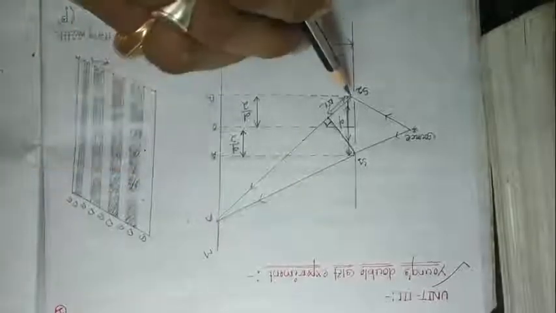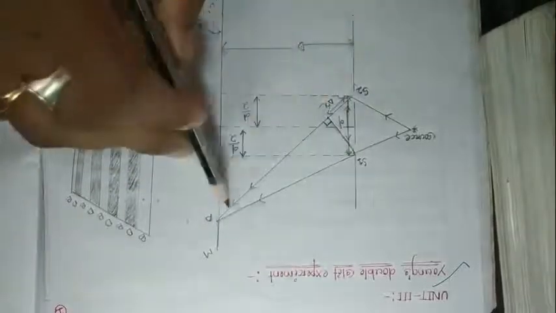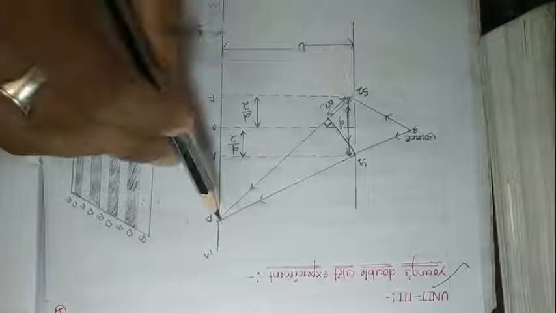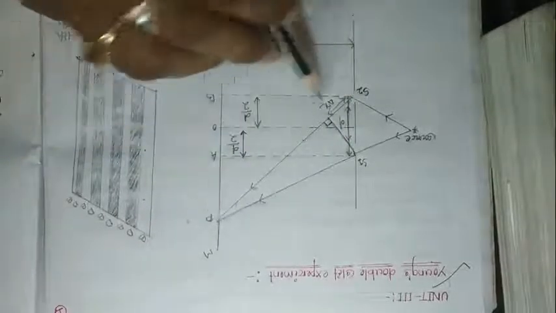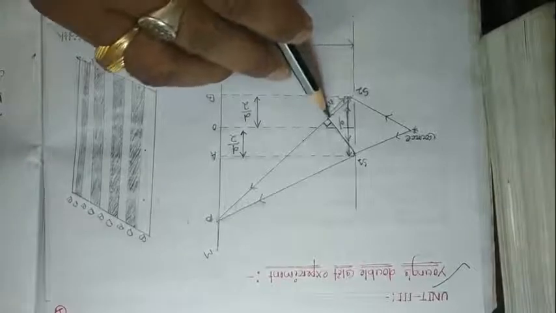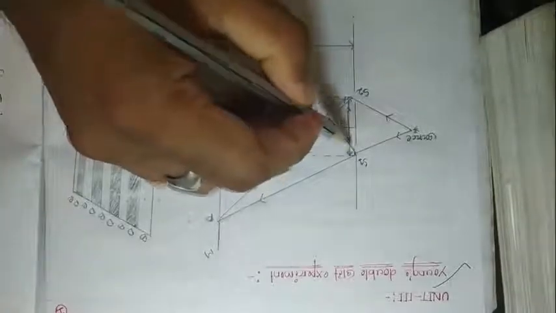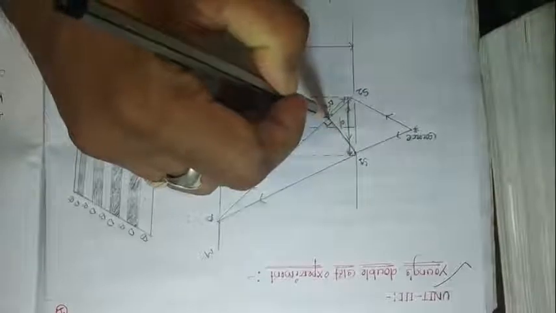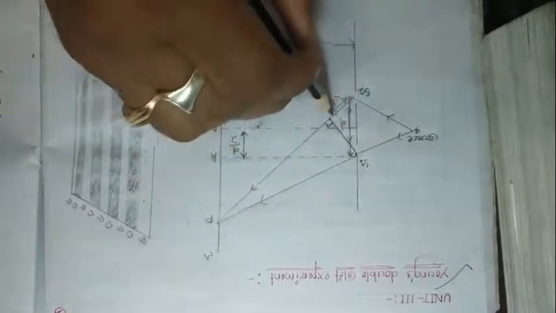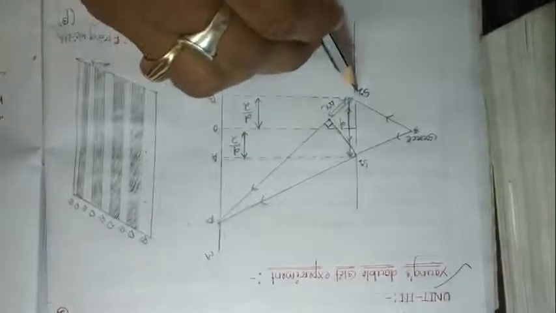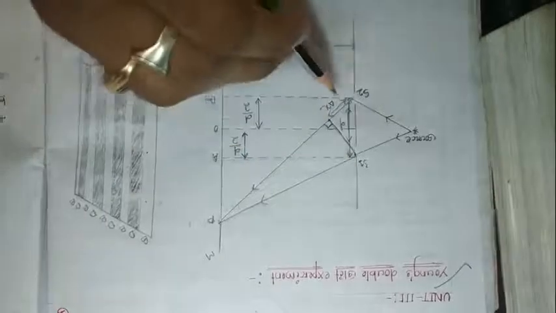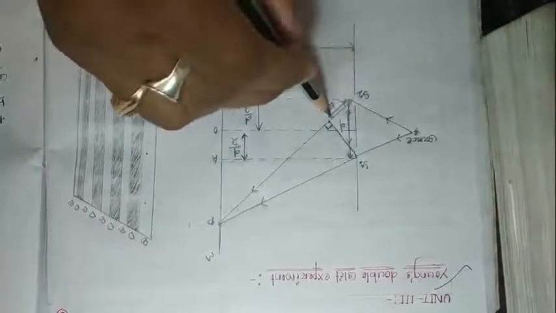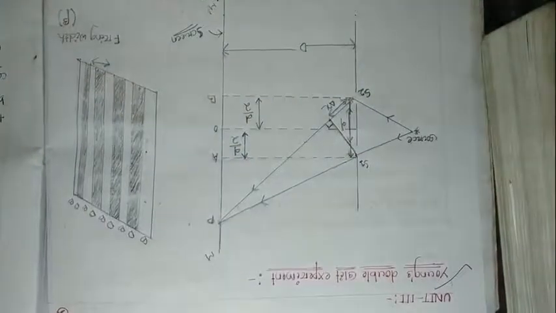So the path difference will be S2P, which is larger, minus S1P, which will be del x. If I draw a perpendicular from S1 to here, this is the extra path traveled by the ray S2P. So the path difference between S2P and S1P is del x.